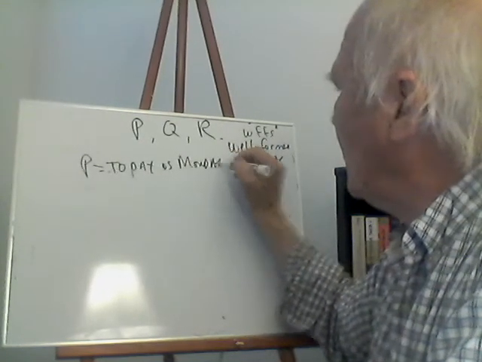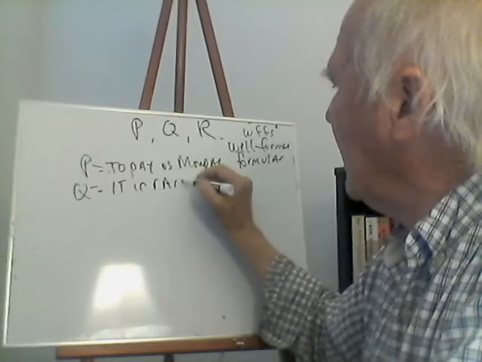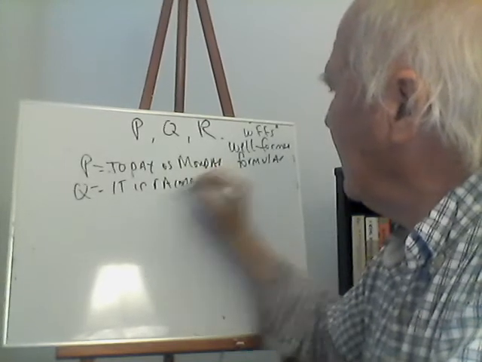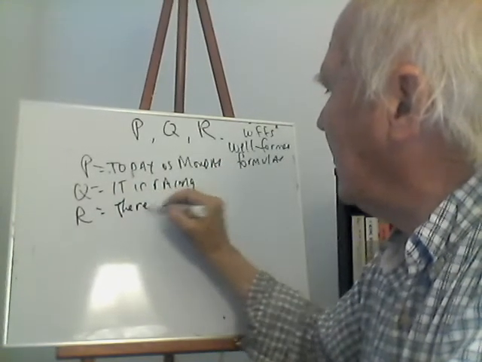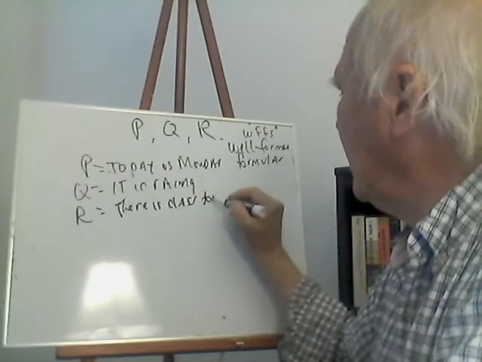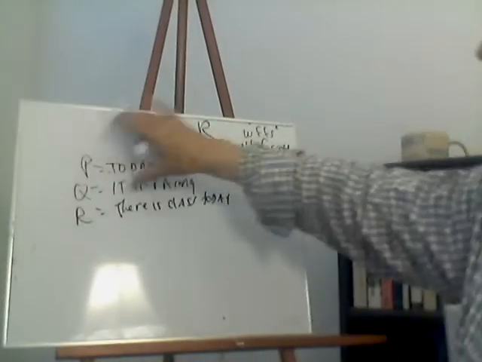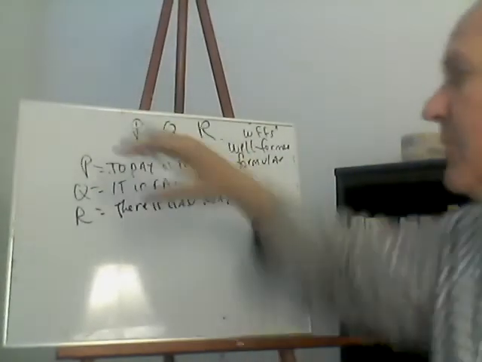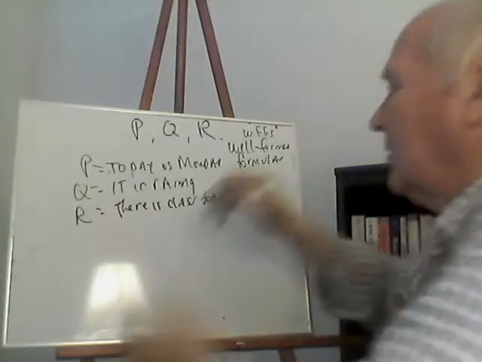Q can stand for it is raining, right? And R can stand for there is class today. Okay, these are just examples. But anyway, these are the simplest statements, and from these statements, all the other statements are built up by using certain symbols.